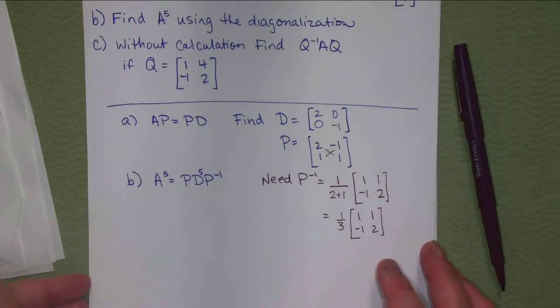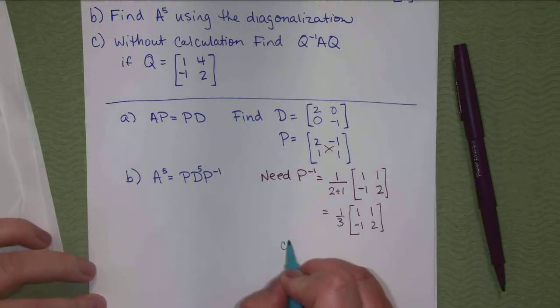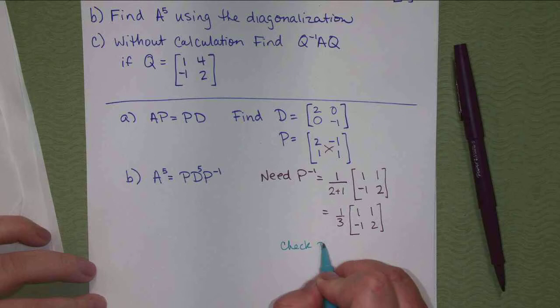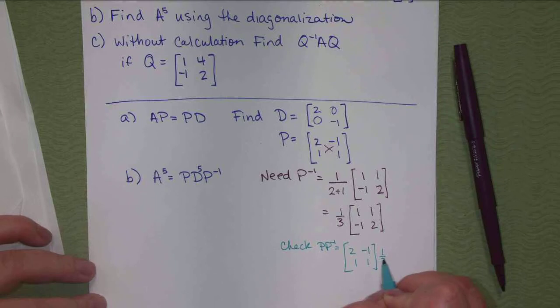So find the inverse. The inverse of a 2 by 2 is just that formula that it's not very hard to find. And you could check that. P times P inverse. I wouldn't even put the 1/3 in.